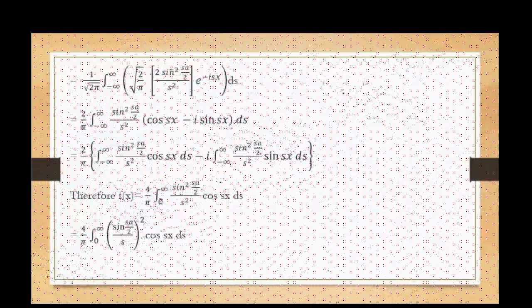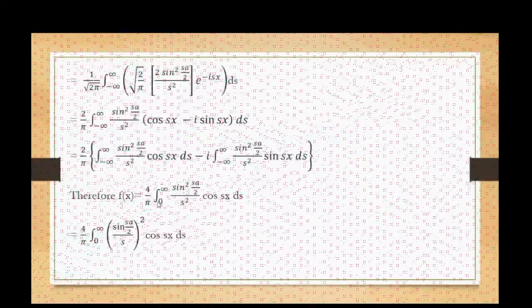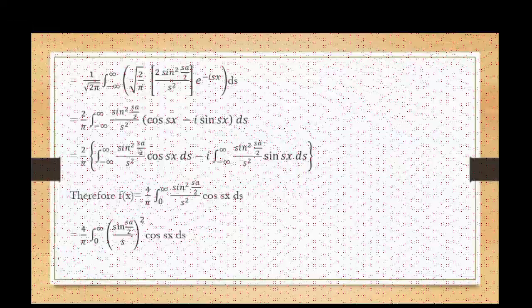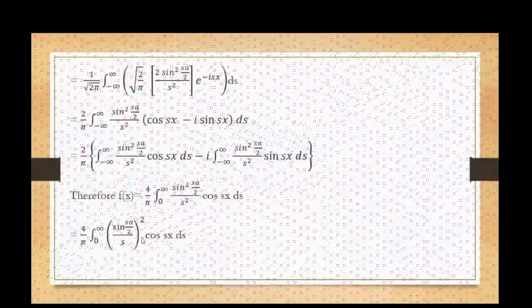Already 1 by 2 pi is there, so 4 by pi integral 0 to infinity sin square sa by 2 divided by s square cos sx ds.